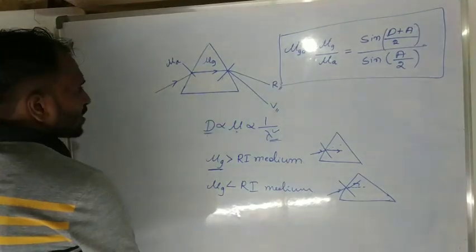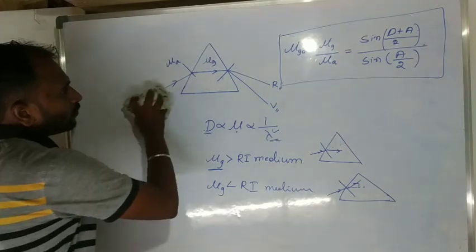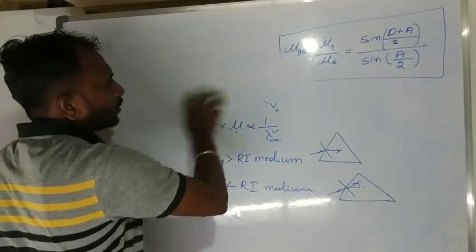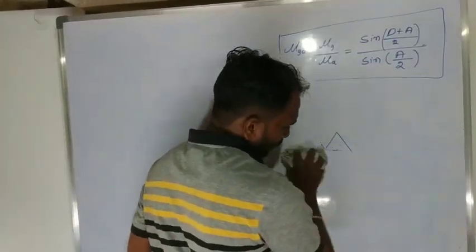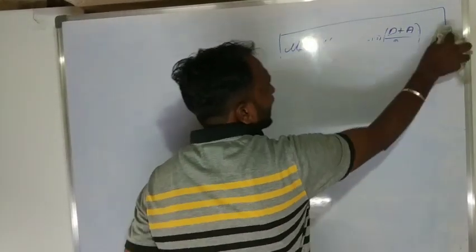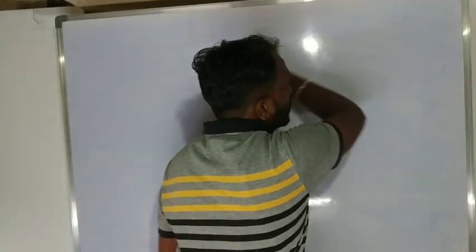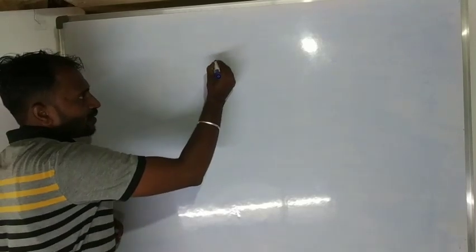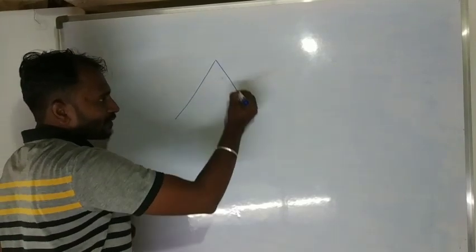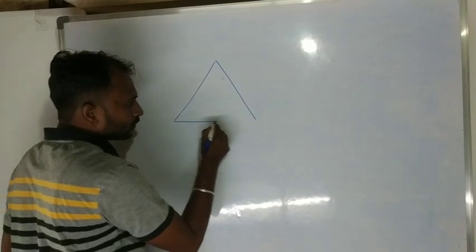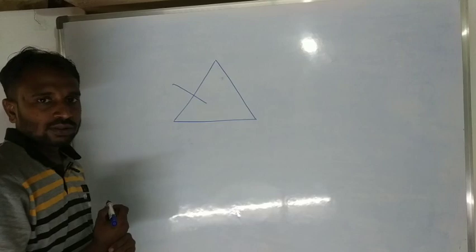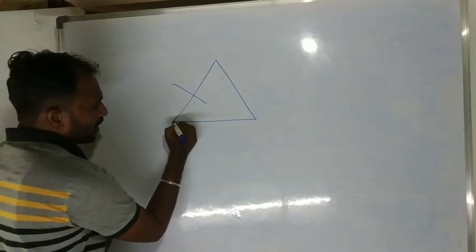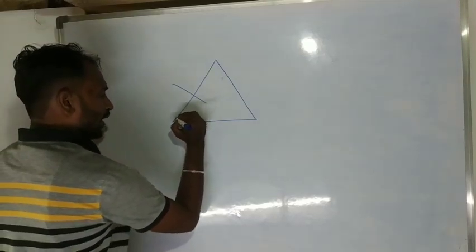Another concept here. You already know the grazing angle. So, grazing angle of incidence. Suppose this is a prism, and this is the normal. This is the incident ray.